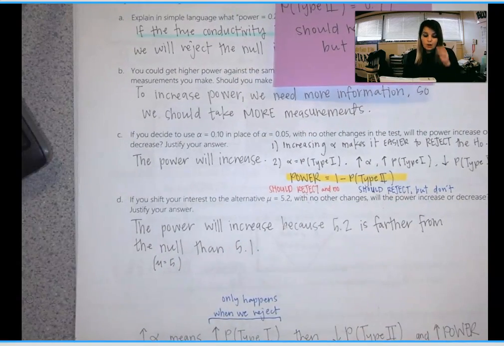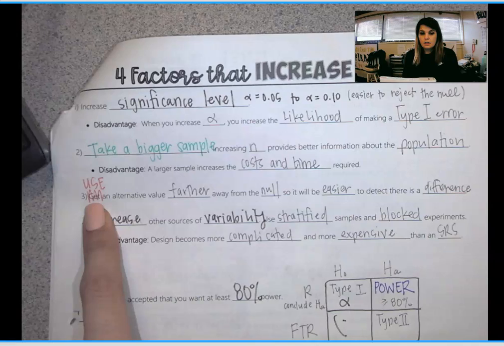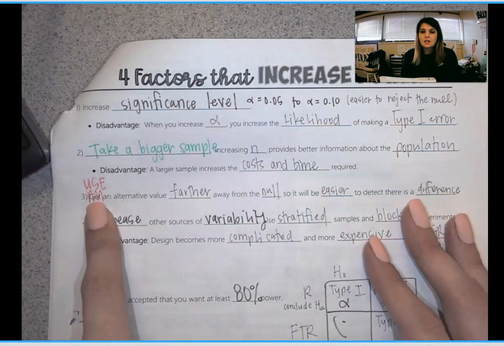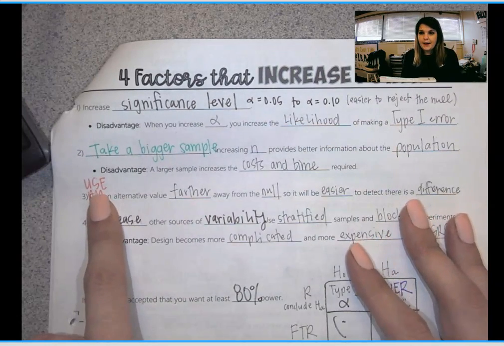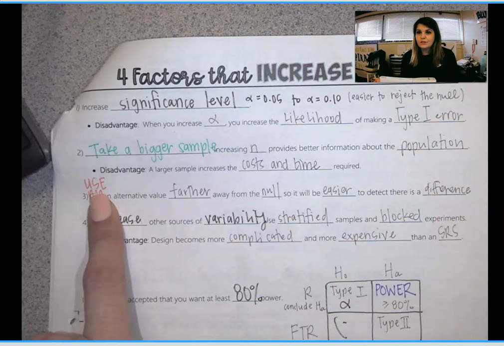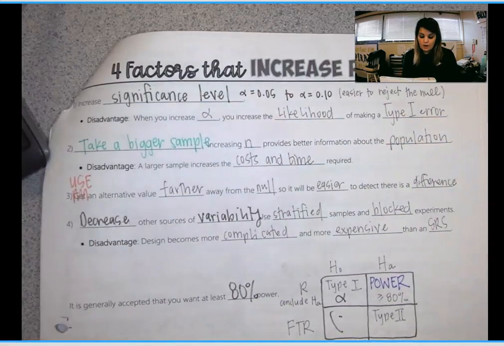So I now understand this bullet point in my 4 factors that increase power. All they're saying here is, if your alternative value is farther away from the claimed value, it is easier for you to reject. So, if it's easier to reject, that means your power increases.